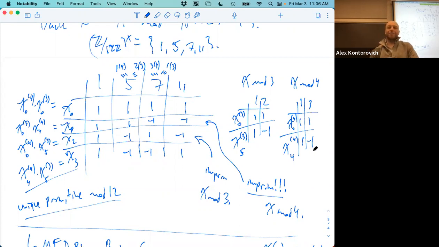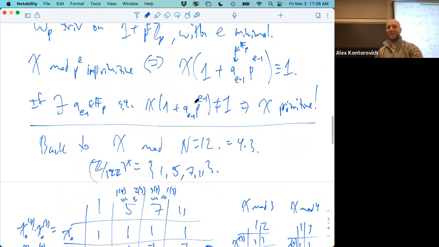Chi mod 2 would give a 1 to 3. So 2 is a bad example, but more generally, if we were doing mod 18 or mod 27, something where we had larger powers of 3, then it's the last digit.